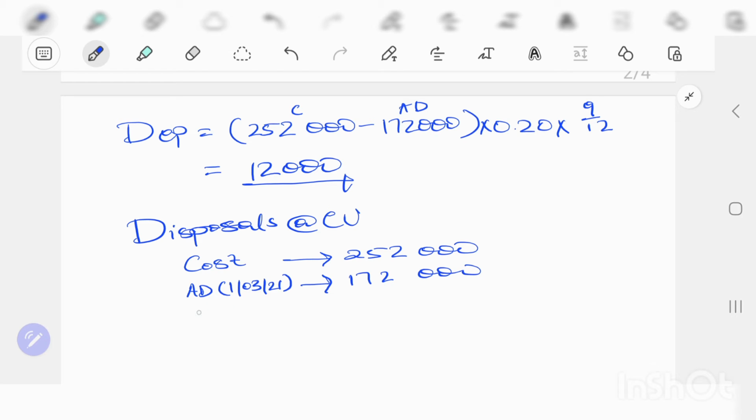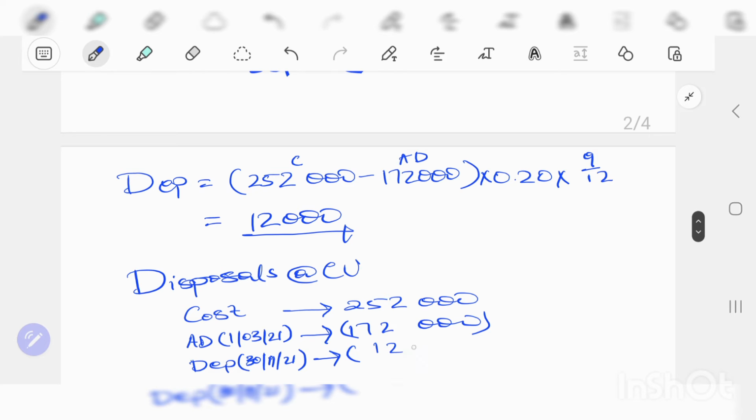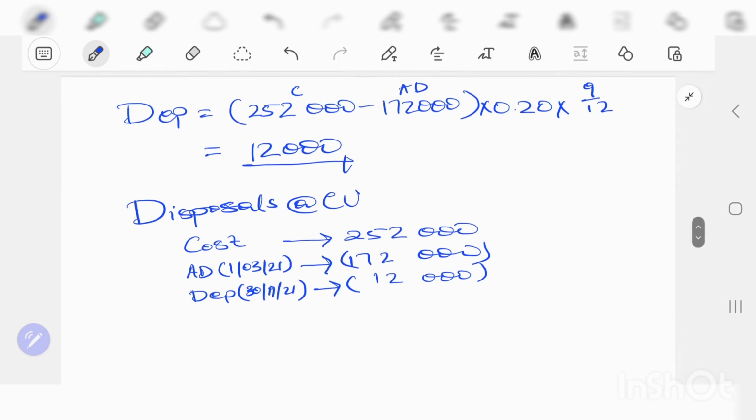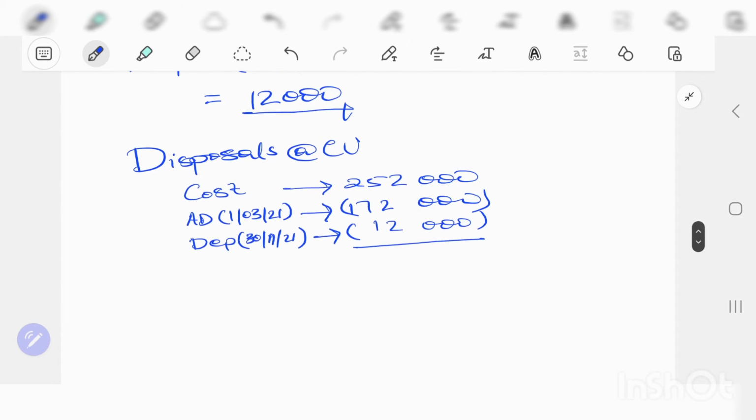And then the depreciation on 30 November 2021, for this year, is how much? Depreciation for this year is this 12,000. And then we are going to have to find now the carrying value.